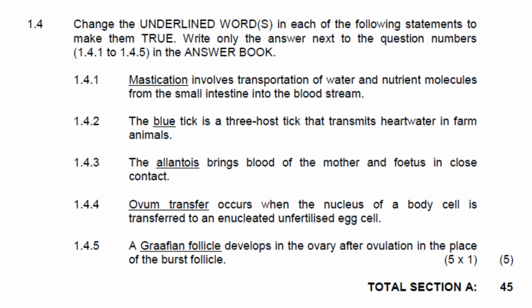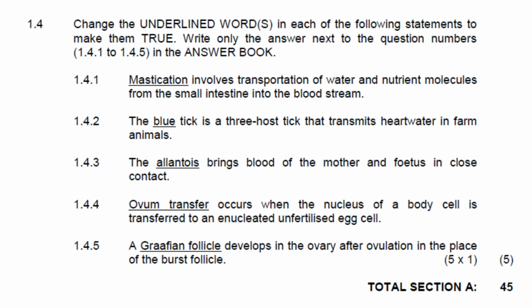And we move to 1.4.5, a Graafian follicle. A Graafian follicle develops in the ovary after ovulation in the place of the burst follicle. So after ovulation, what happens? A Graafian follicle actually becomes the corpus luteum. So what develops in the ovary after ovulation is the corpus luteum.